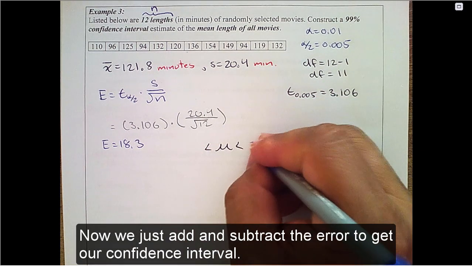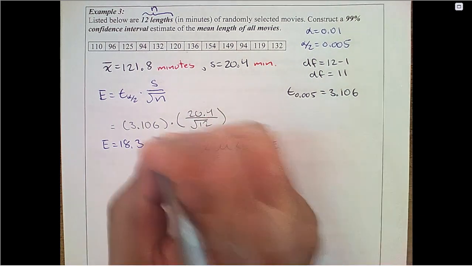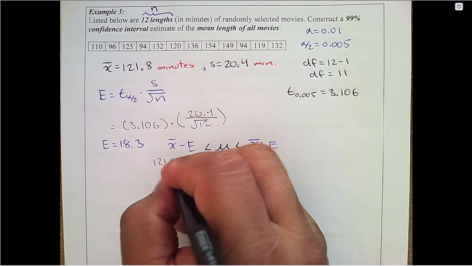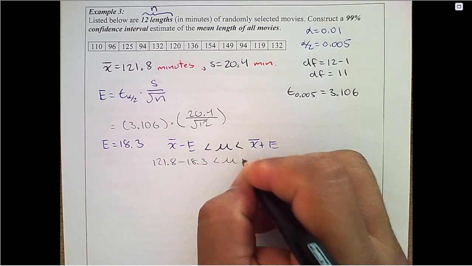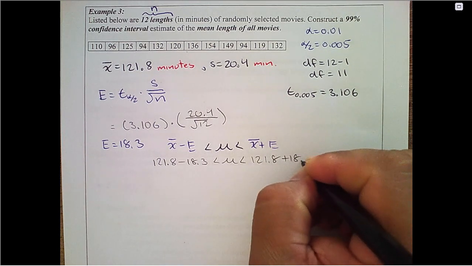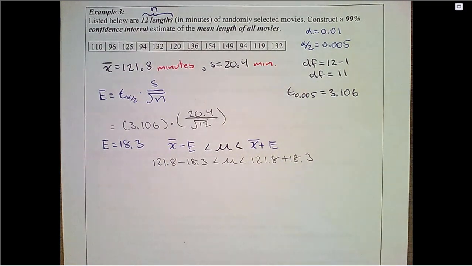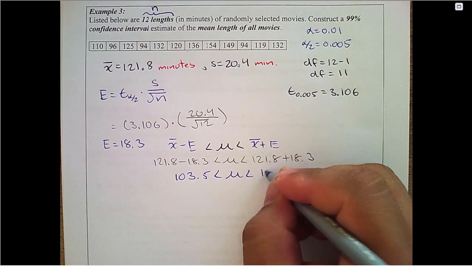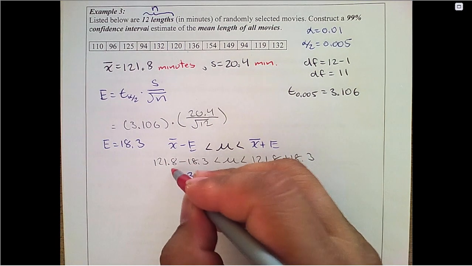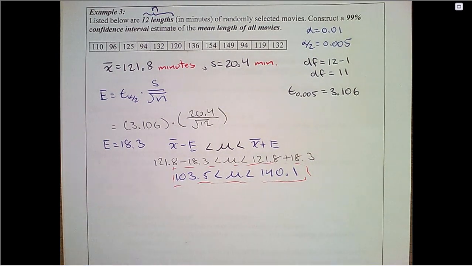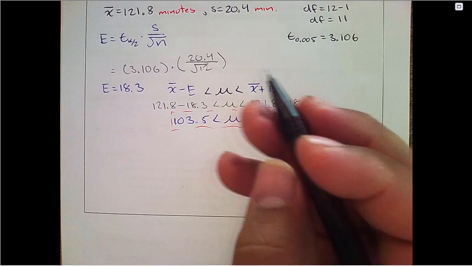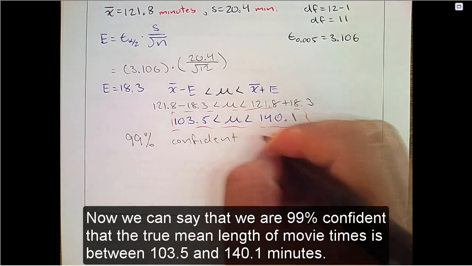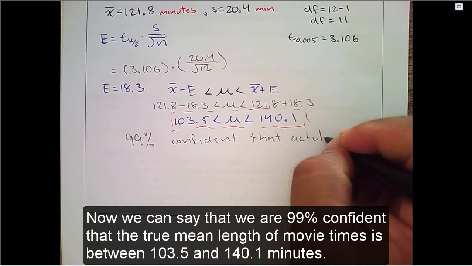Now we just add and subtract the error to get our confidence interval. Now we can say that we're 99% confident that the true mean length of movie times is between 103.5 and 140.1 minutes.